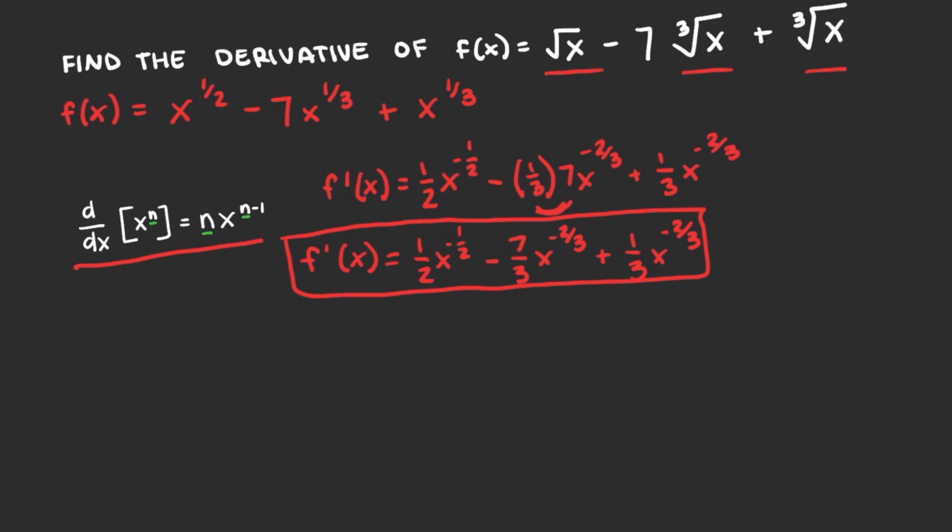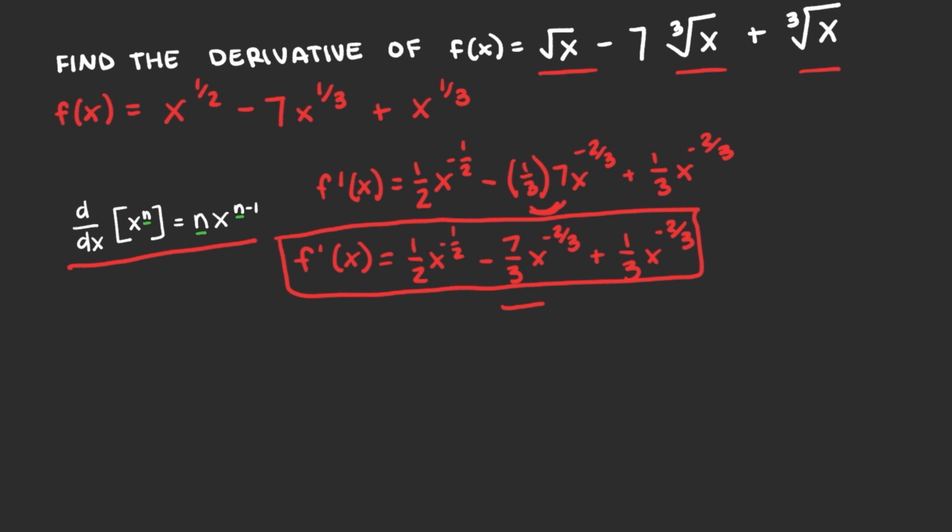Okay, I lied. I have one more thing to say about this one. If you wanted to simplify further, you could, because we have like terms right here with this one and this one. So if we combined those two, we would actually get negative 6/3 x to the negative 2/3, and this would simplify further to negative 2x to the negative 2/3.